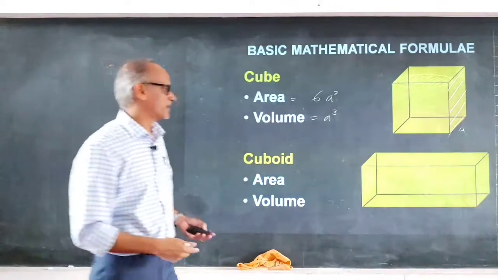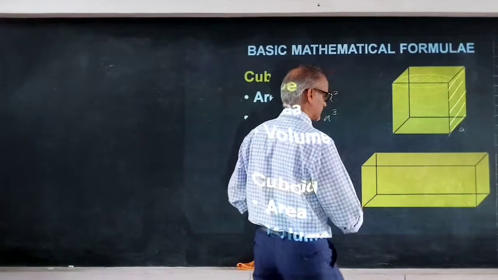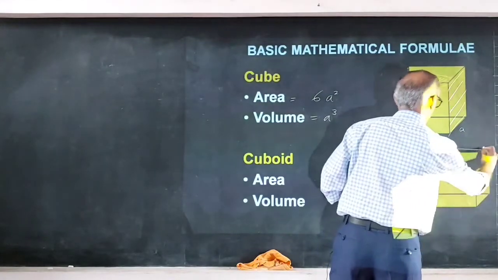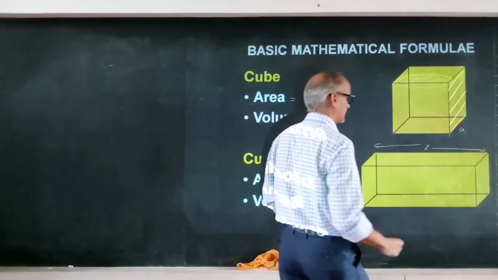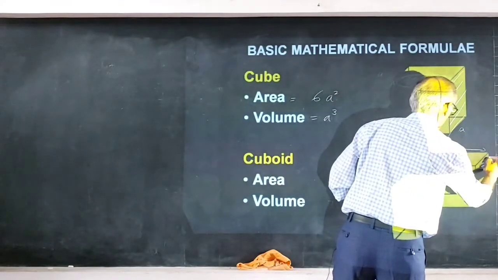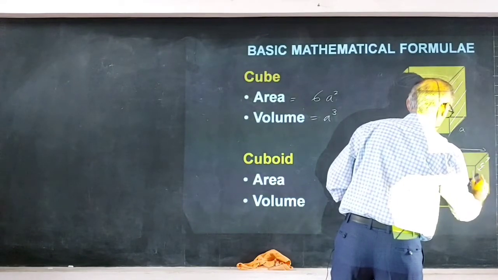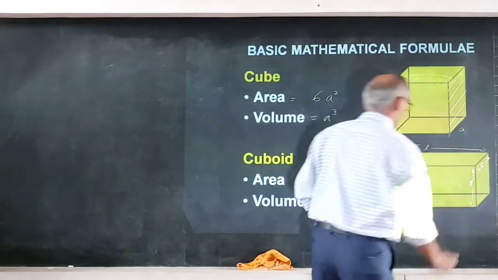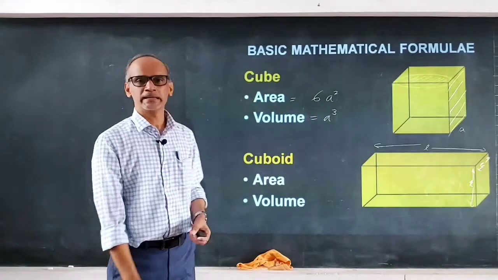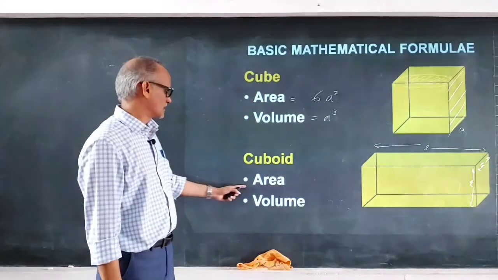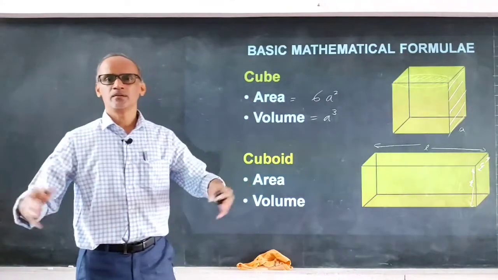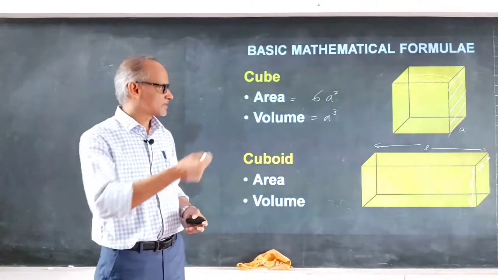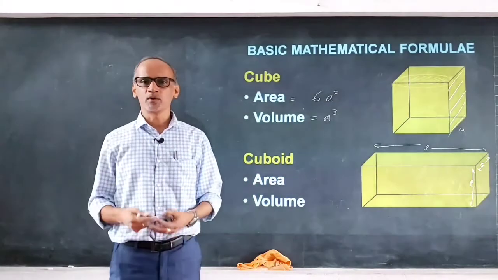Okay. So let me write. If this is the length, if this is the breadth, and if this is the thickness. L is the length, B is the breadth, and T is the thickness. Now, what is the total area of the cuboid? See, first, for each face, I am going to measure the area.